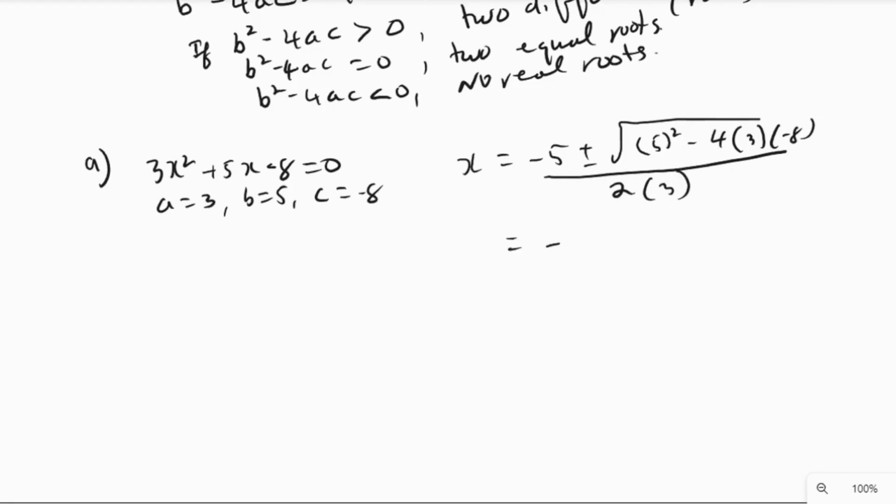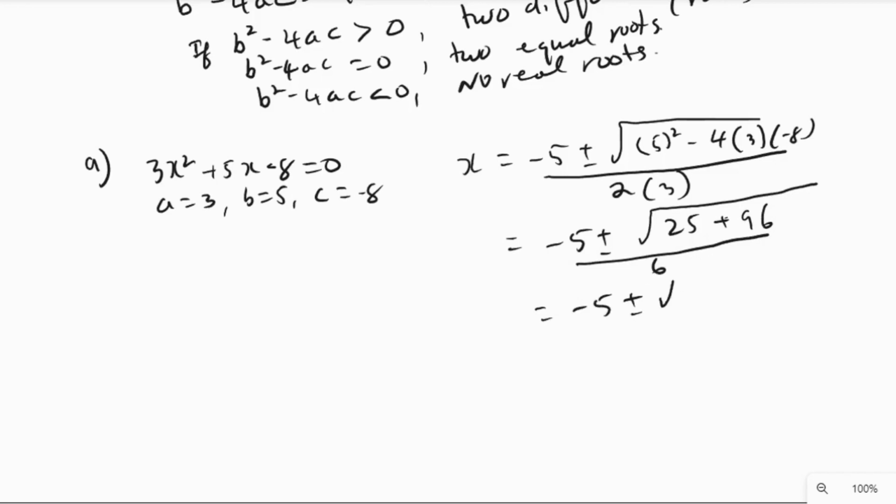So we have minus 5 plus minus square root of 25, negative and negative are positive, so 12 times 8 is 96, over 6. Negative 5 plus minus root 121 over 6.